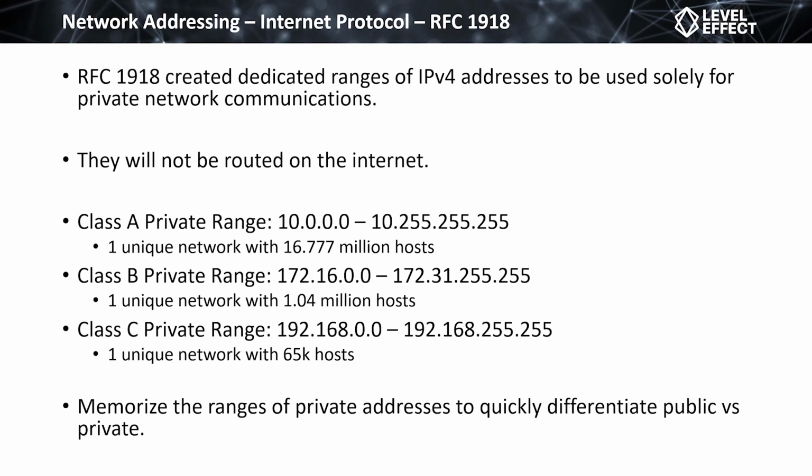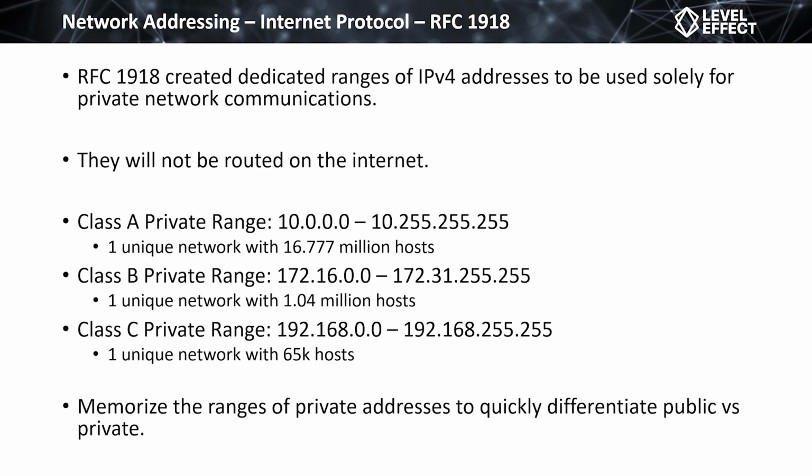The Class A private range consists of one unique network with a total of 16.777 million available hosts. So one Class A private range can have many, many hosts. And the benefit is we've given up one of those 127 Class A addresses, but now this network can be reused an infinite number of times, whereas we previously only had 127 Class A addresses.